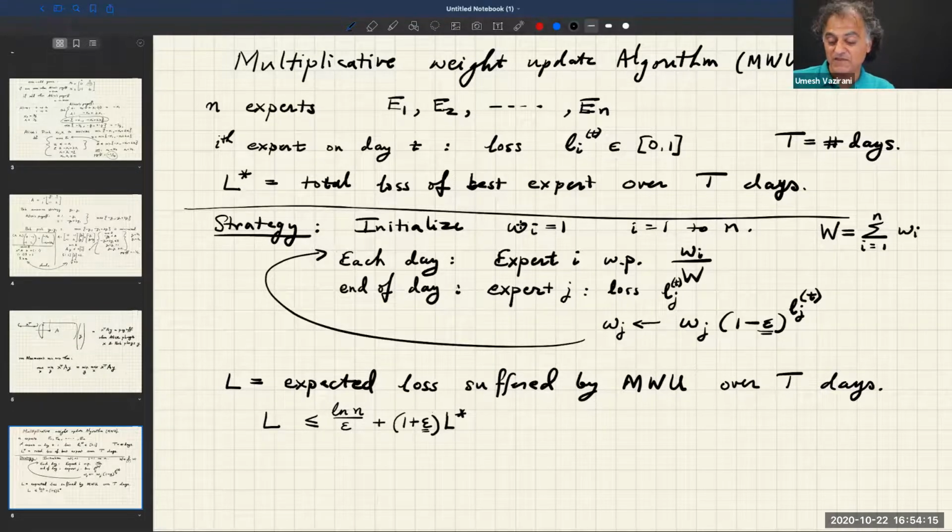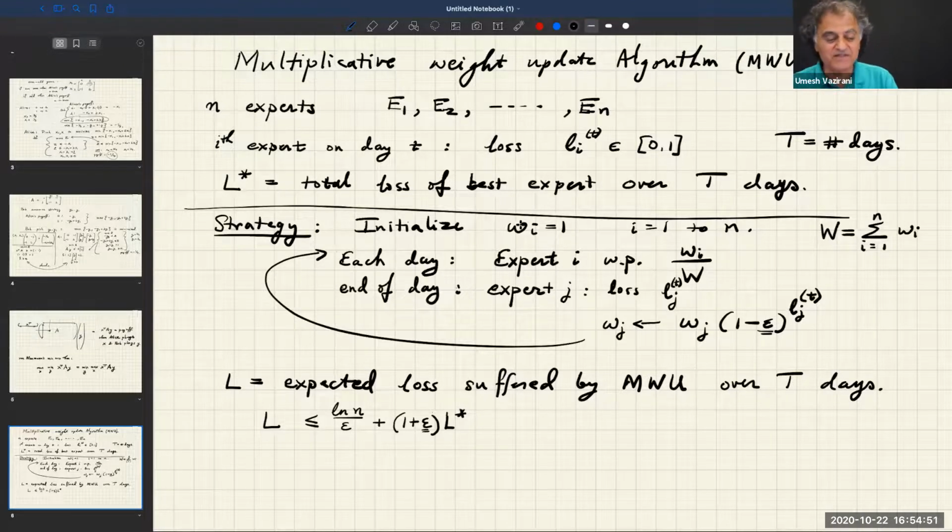Instead of saying our confidence went down to 0 or went to 1, we just tune it a little bit. If the person did very badly, we push the confidence down. If they did not badly, we leave it the way it was. Over time, the experts who are doing well will tend to have larger weights than experts who are not doing well, and so we'll be going with the ones that are doing well.